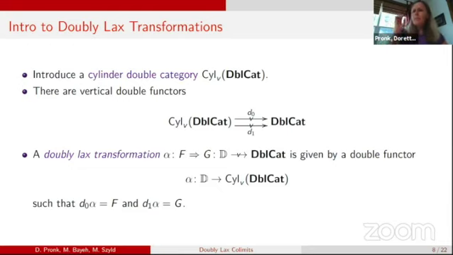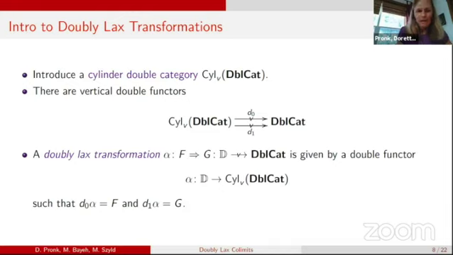The cylinder double category can be defined for any category that is enriched in double categories, so in particular for DoubleCat. And it comes then with two vertical functors into DoubleCat. Remember, those are functors into the quintets on DoubleCat_V, but I'm not going to say that anymore.